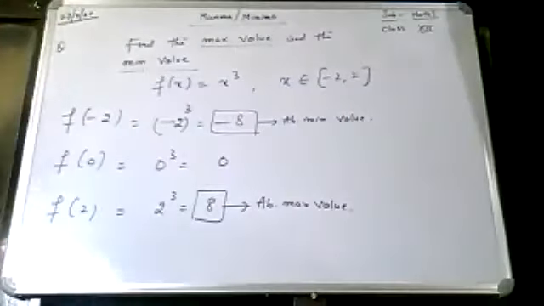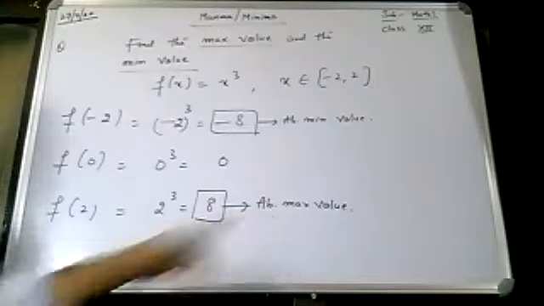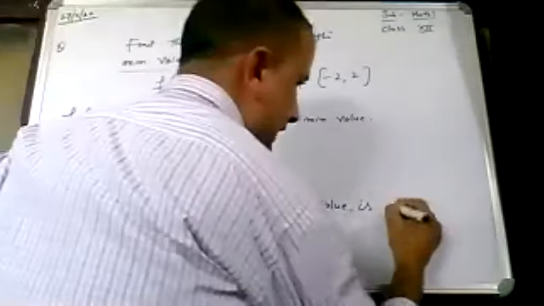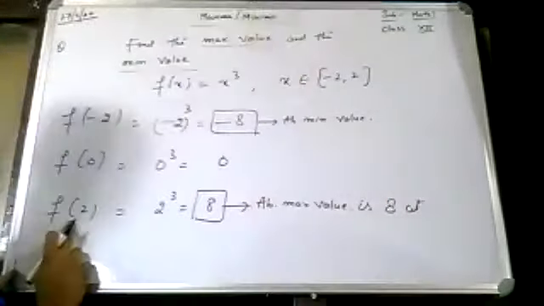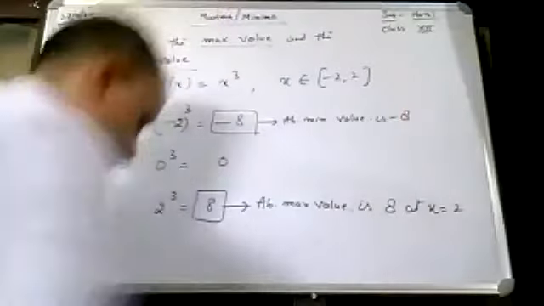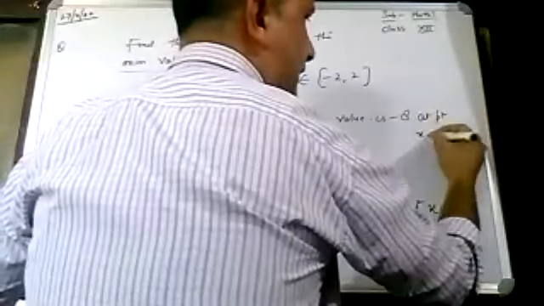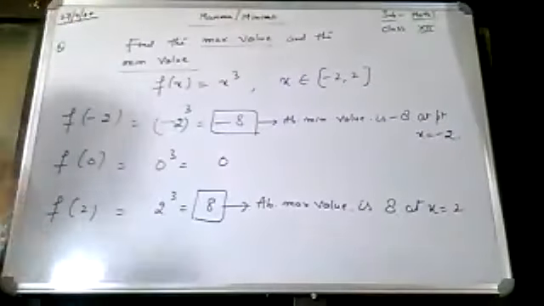So the question is to find the absolute maximum value and absolute minimum value. The absolute maximum value is 8, at x is equal to 2. The absolute minimum value is -8, at the point x is equal to -2.